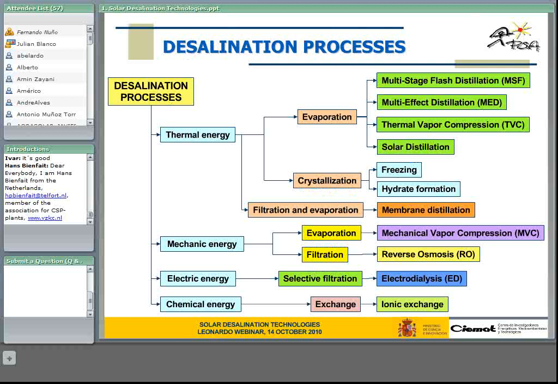In this presentation, we are going to present some of the specific processes that have to do with thermal energy, basically, which is the main form that we can use with solar energy: specifically solar distillation, multi-effect distillation, membrane distillation, and some other specific technologies.